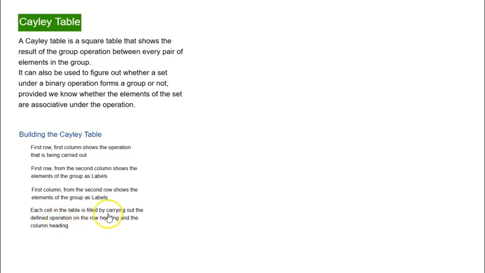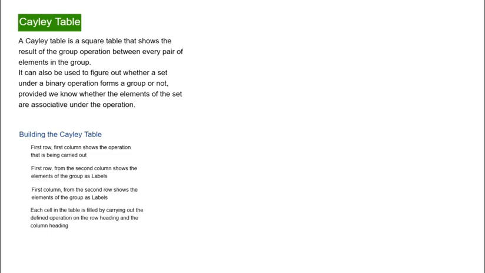Each cell in the table is filled by carrying out the defined operation on the row heading and the column heading. Each row and column contains each element of the group only once. And the second column and the second row match the group elements. So keeping these steps in mind, we build the table.